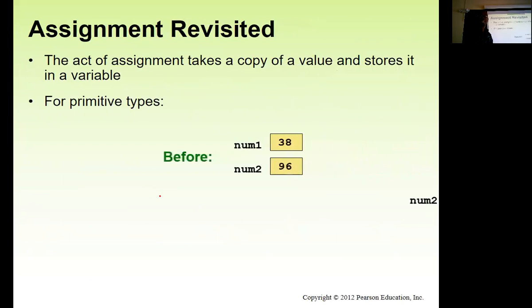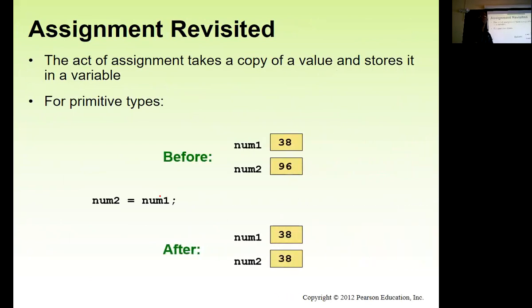The act of assignment, in general, takes a copy of the value and stores it in a variable. So whatever is on the right gets put into the left. If num1 is 38 and num2 is 96, and we put num1 into num2, then both of them now have the same value, but they are different copies. So if I print num1 or print num2, it's printing two different things.